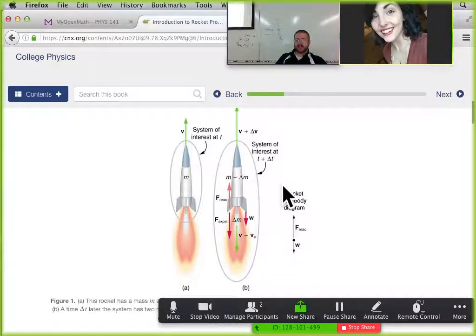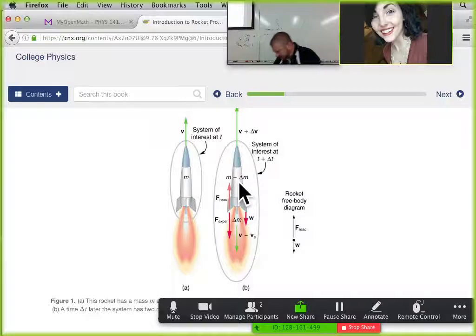And this is what it looks like. We have a rocket moving upward. We have the exhaust moving downward. And the force is the force of the reaction from the rocket pushing upward and the weight pulling downward, right? The really interesting thing is that the rocket is changing its mass as it goes.